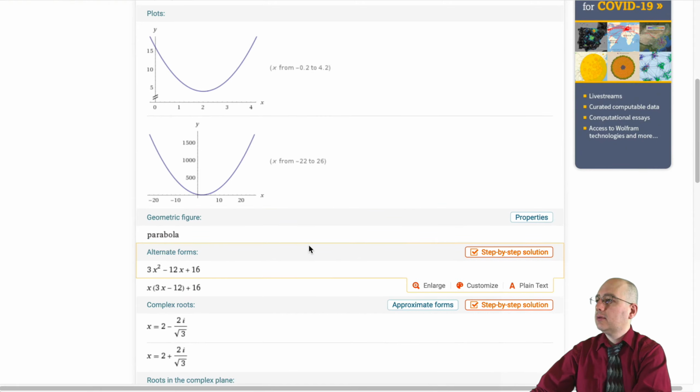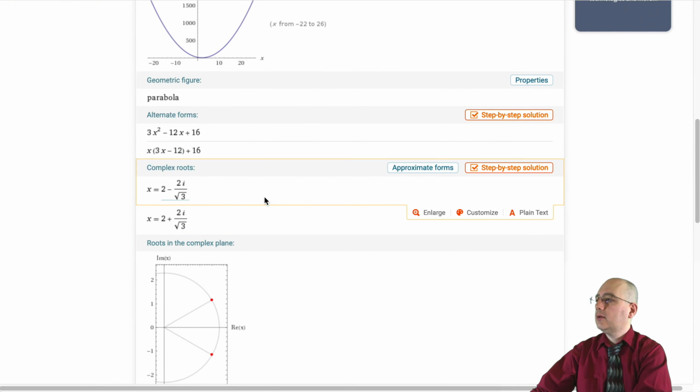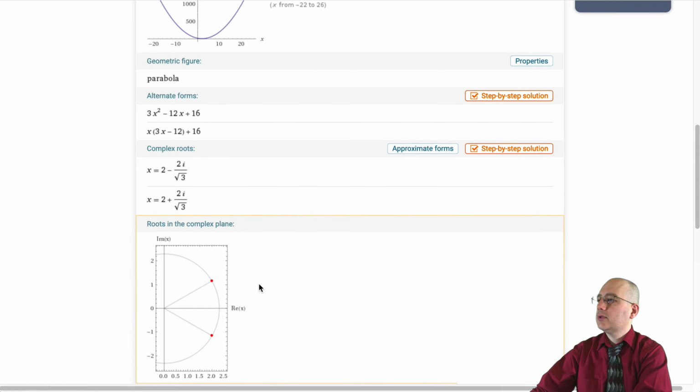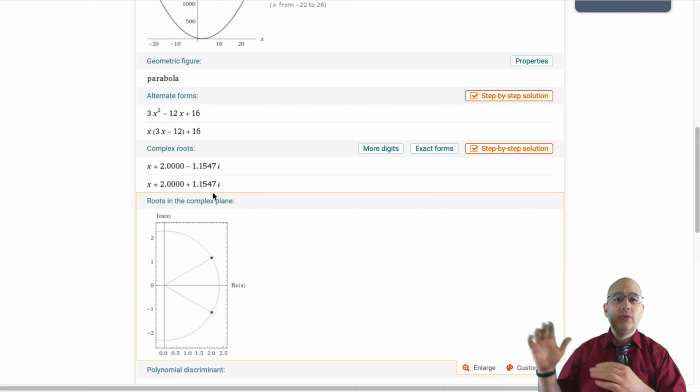Again, this graph, no real solutions. And here's the exact ones, and if we do approximate form, 1.15, right? So, hey, it works.